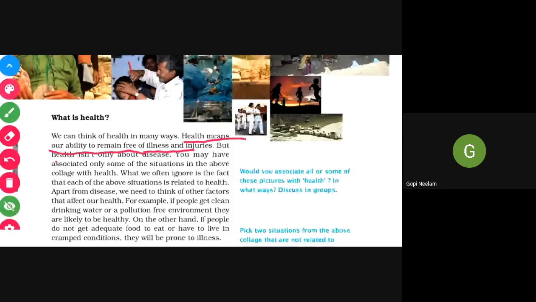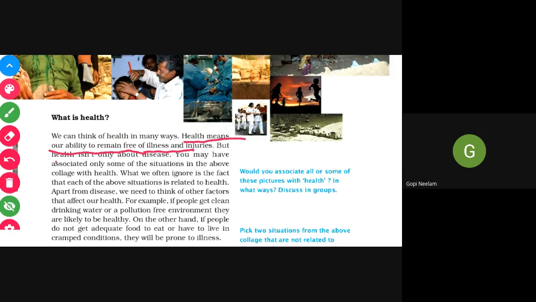If somebody asks you how is your health, how are you, what does it mean? Are you fine? Is your health good? Have you been injured? This is the meaning. So health means the ability to remain free of illness, not getting ill and not getting injured.